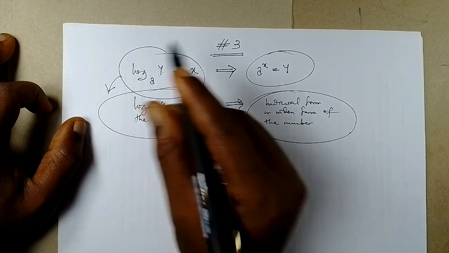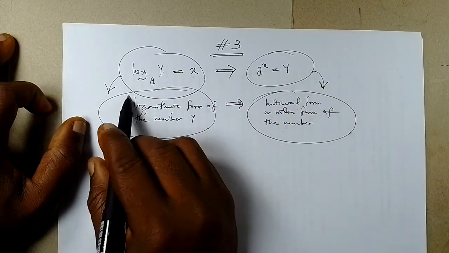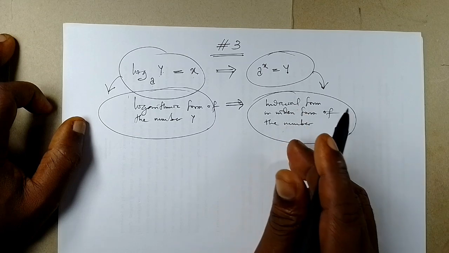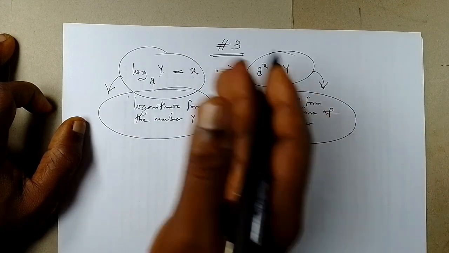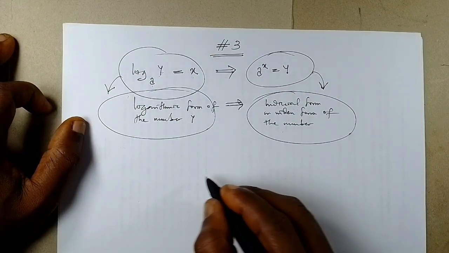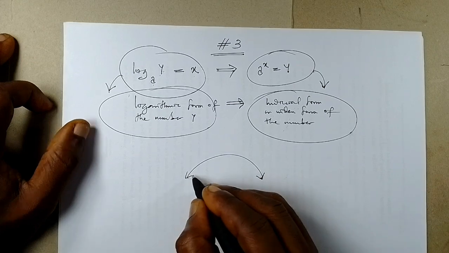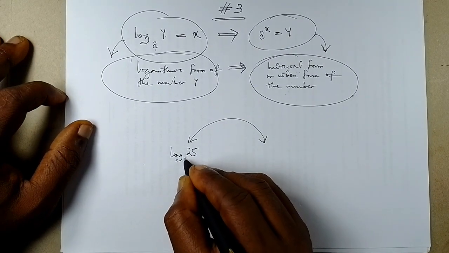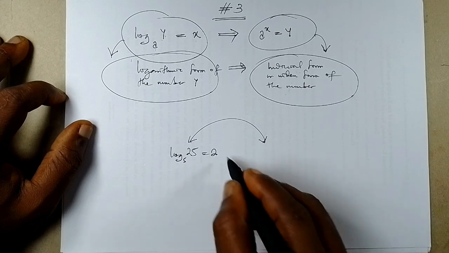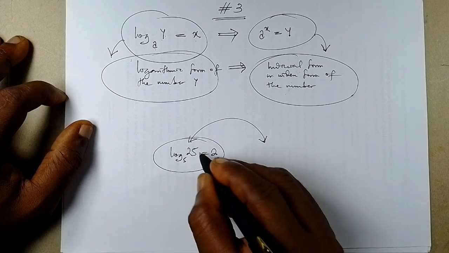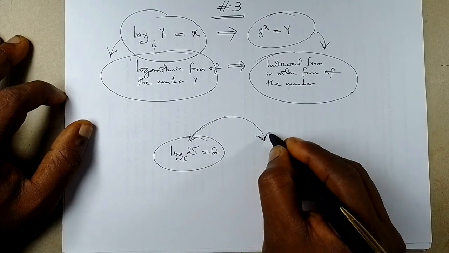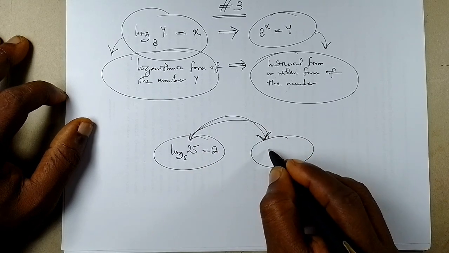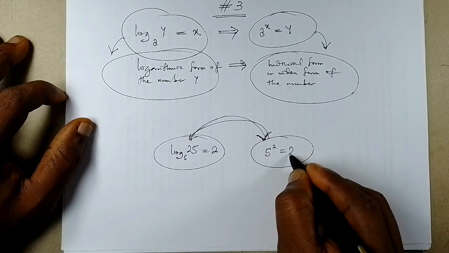So you can actually convert from logarithmic form to index form or initial form, and you can convert from index form back to logarithmic form. So you can actually move two ways. So if I have log of 25 to base 5 equals 2 as the logarithmic form, I can move from this down to this, and I would call this 5 raised to power 2 equals 25.